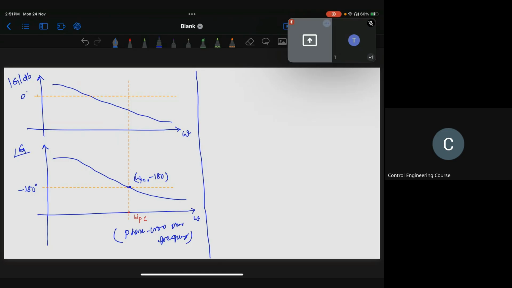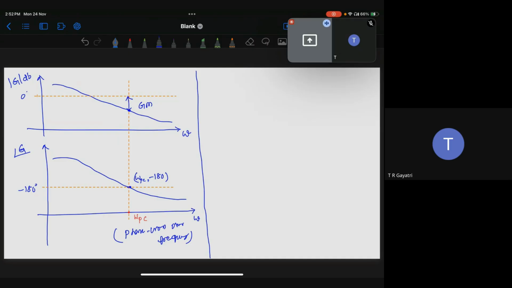Now we check where it intersects the magnitude plot, here, which is below the 0 dB axis. We have this much gap, and we call this the gain margin.